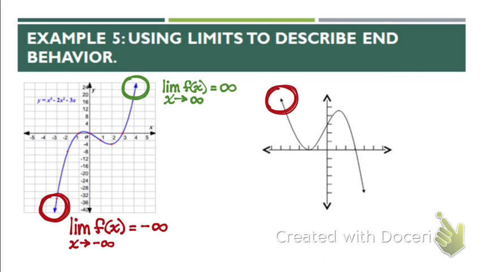Left-hand side of this second graph. So the limit of f of x as x approaches negative infinity, because I'm on the left-hand side of this graph, what are the y values doing here? It's positive. Going up, so it goes to positive infinity.